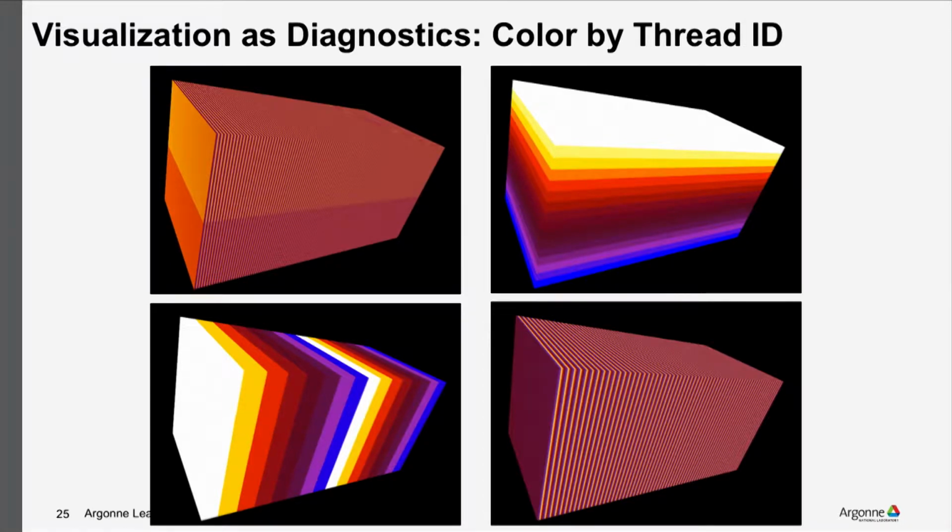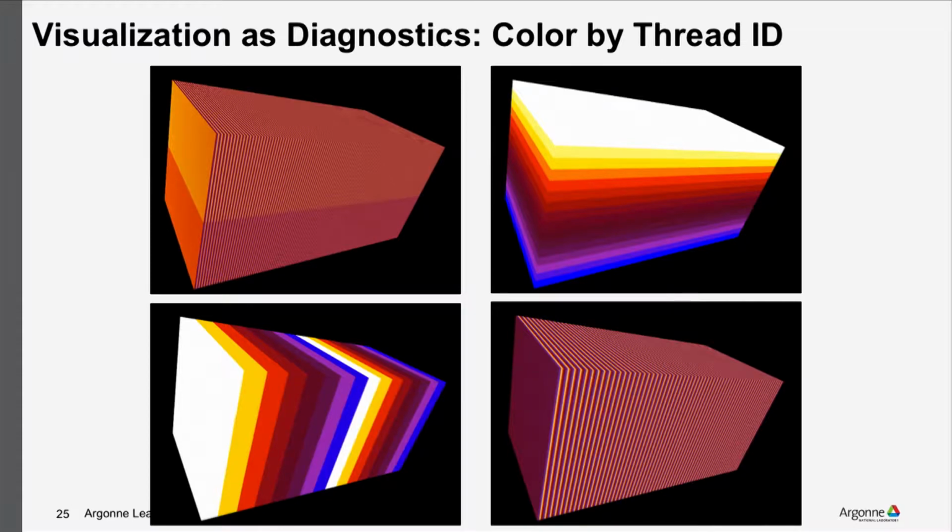You can see in the 4 different arrangements here, we played around with different ways of organizing the memory and the ways of assigning threads to parts of the data. This gave us some insight into what was happening in the performance because of how memory was laid out.